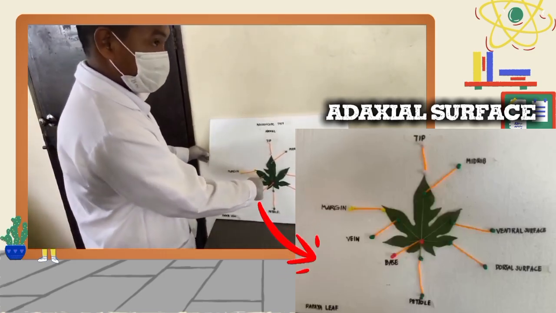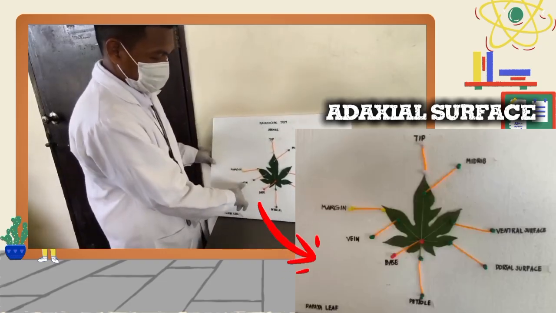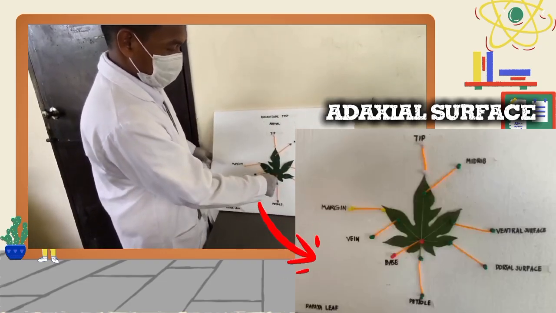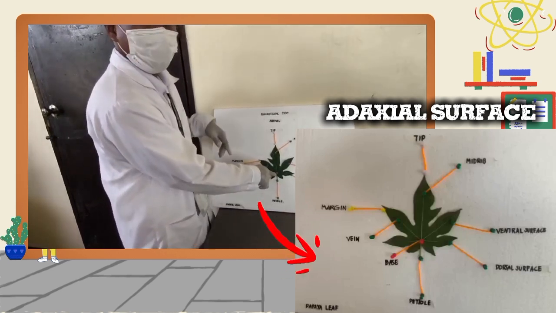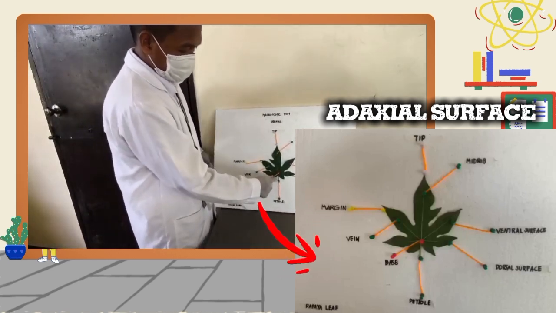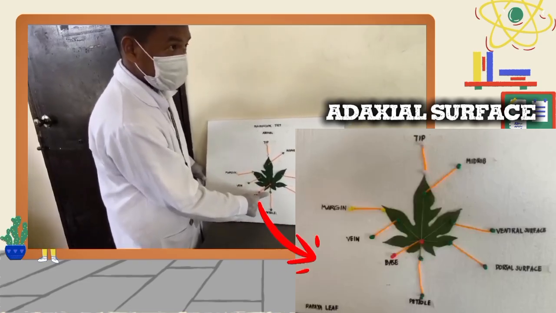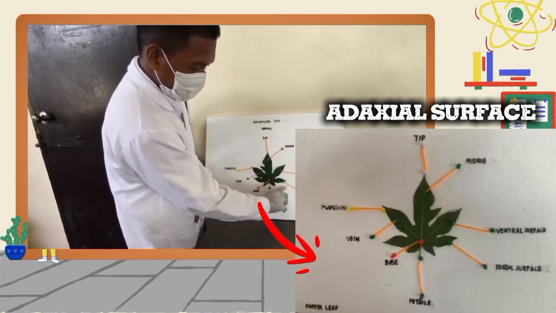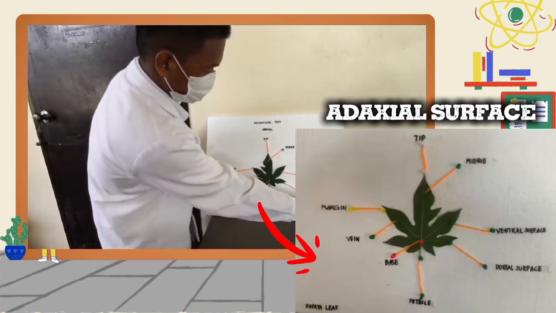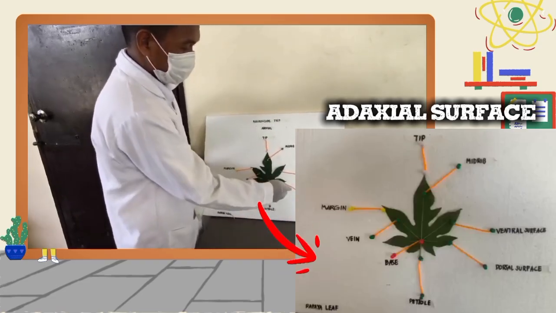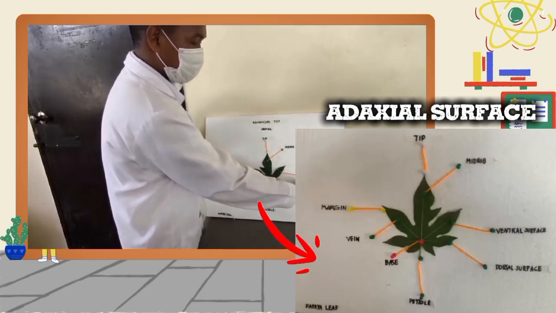And below the margin, we have the vein. And now we have the inner, or the center part of the specimen. It's called the base. And at the lower part of the base, we find the petiole. And on the right side, we have the dorsal surface. And at the upper part of the dorsal surface, we can find the ventral surface.